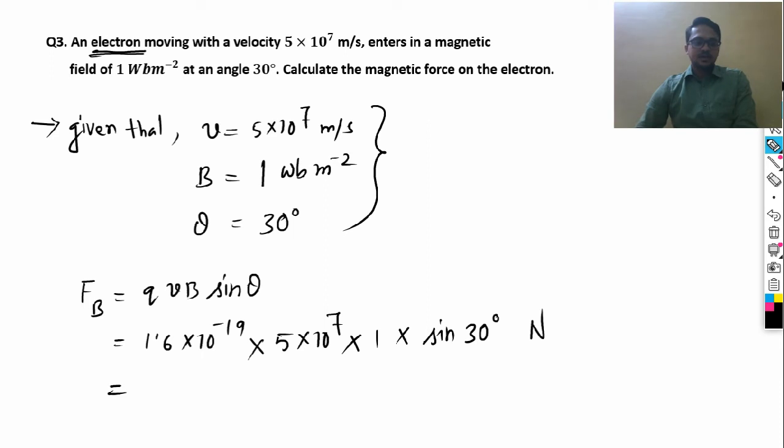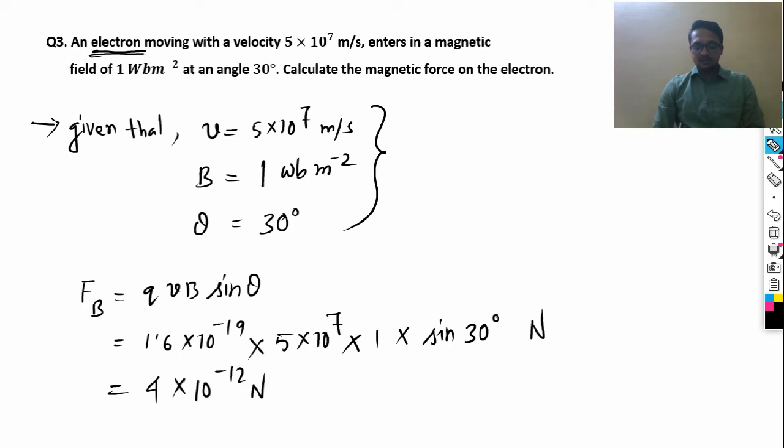After that, calculator. 1.6 × 10⁻¹⁹ into 5 × 10⁷, into sin 30. So 4 × 10⁻¹² Newton.